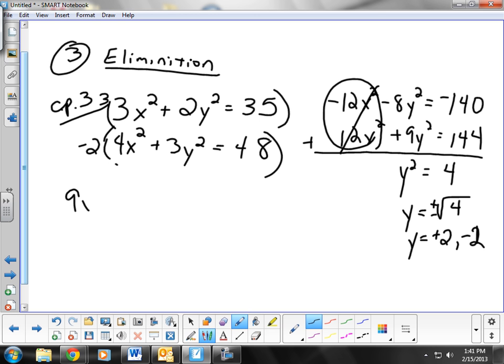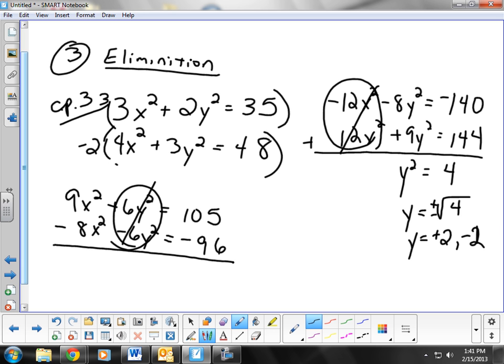So I get 9x squared plus 6y squared is equal to 105. And negative 8x squared minus 6y squared is equal to negative 96.